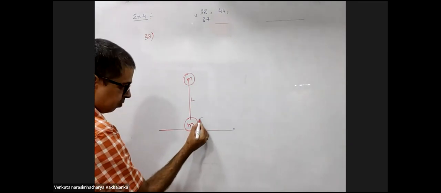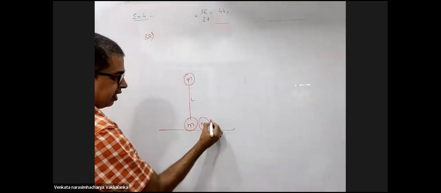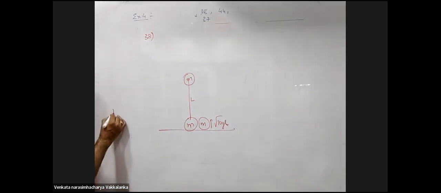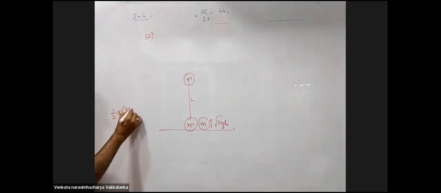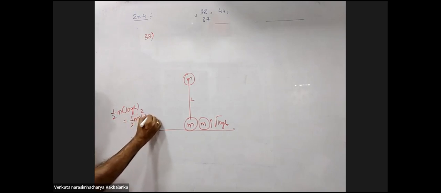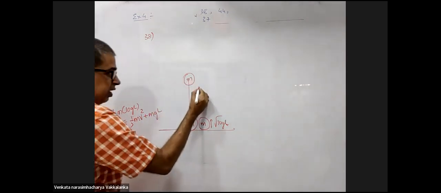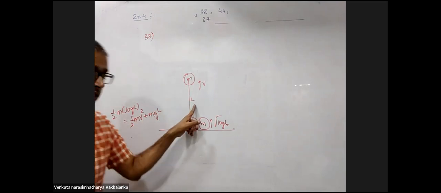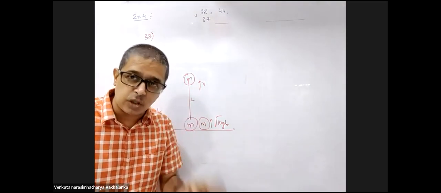If I give this mass a velocity of under root 10 GL, that means half m into 10 GL, half mv square will be equal to half mv square plus mgl. That means when it came here, what will its velocity be? Just before the string became taut.